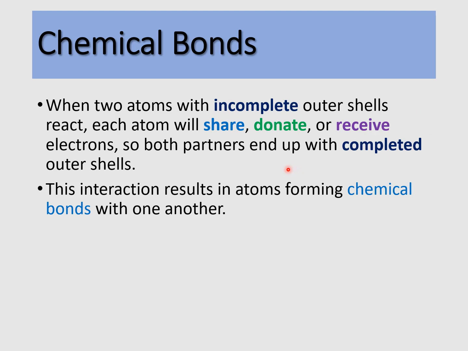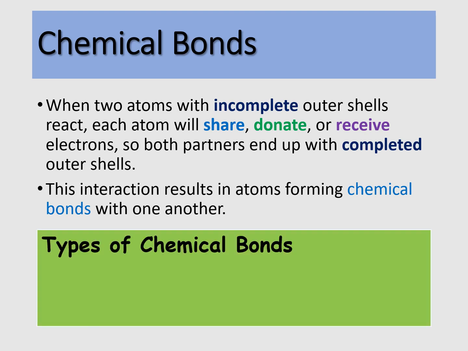So each atom is either going to share electrons, donate electrons, that means get rid of electrons, or receive or take electrons, so that both partners, both elements are going to try to complete their outer shells and fill them up. Okay, so they're going to create a chemical bond so that both outer shells are complete. And this interaction is going to form a chemical bond. And we have a couple different types of chemical bonds, just depending on how they share, donate, or receive electrons with each other. Okay?